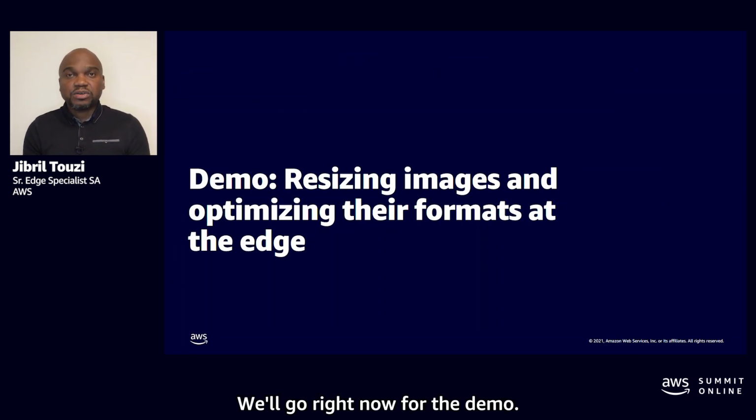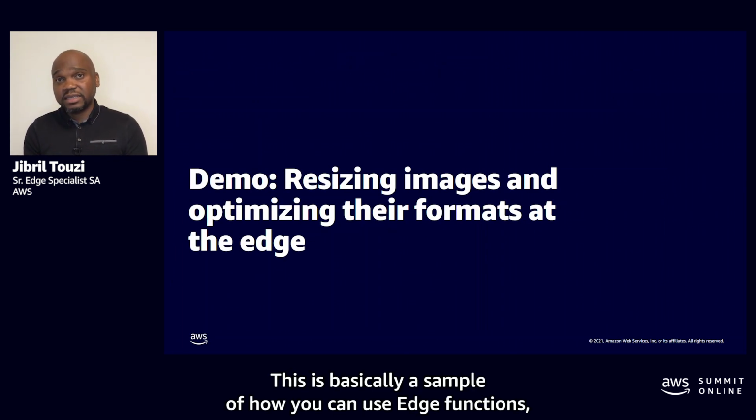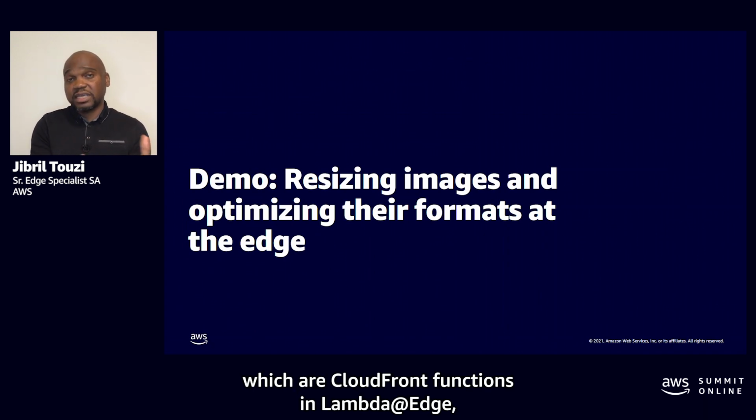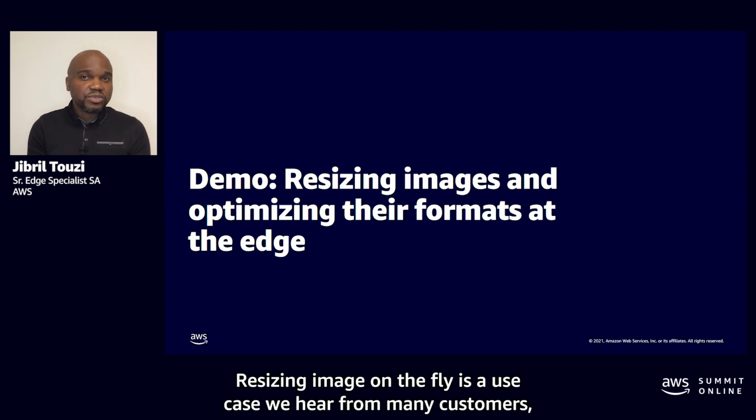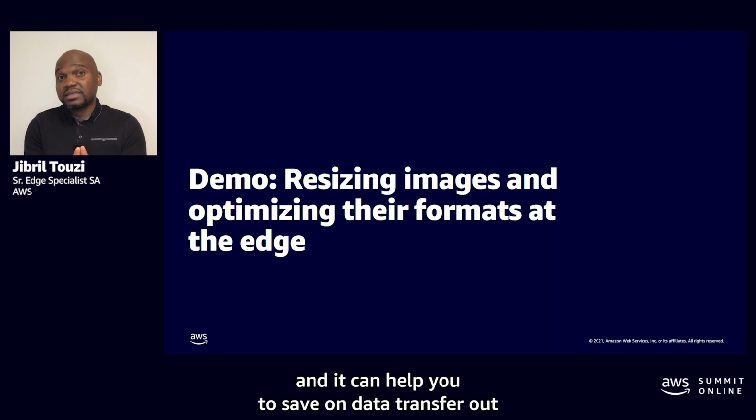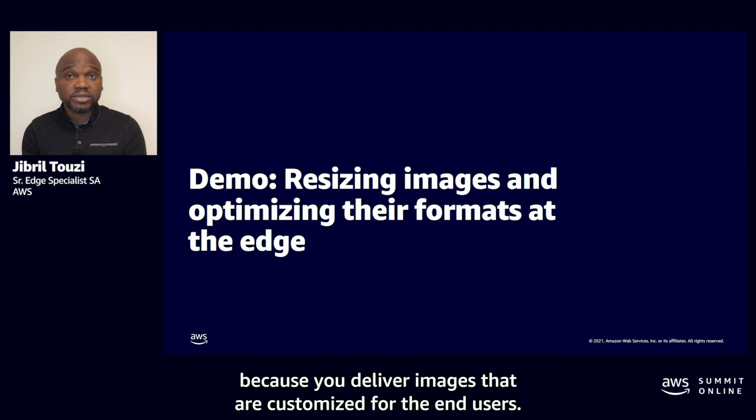We will go right now to the demo. This is basically a sample of how you can use edge functions, which are CloudFront functions and Lambda Edge, to resize images on the fly. Resizing images on the fly is a use case we hear from many customers, and it can help you to save on data transfer out, because you deliver images that are customized for the end users.